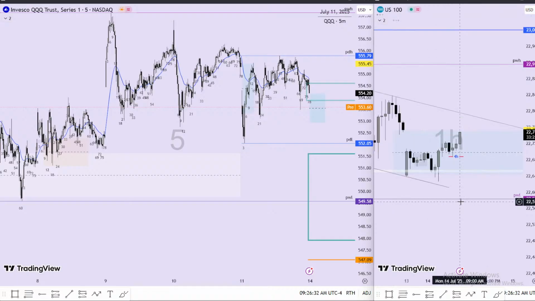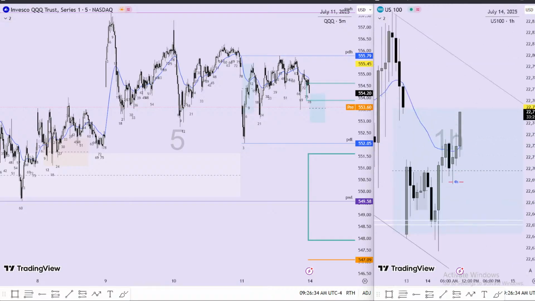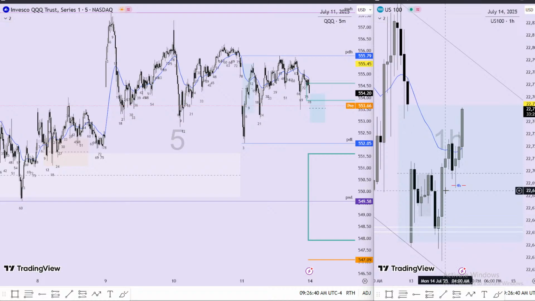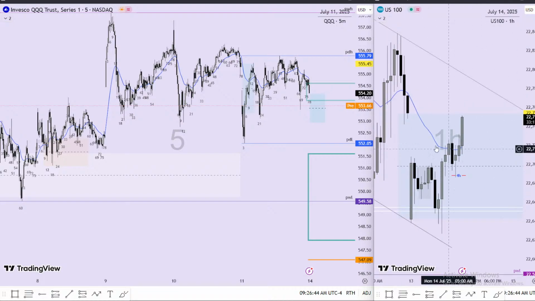The second chart we are going to look at is the hourly time frame. We are getting bull closes above the 20 period moving average on the hourly time frame. We are getting closes above the previous week's high. So that's good for the bulls.